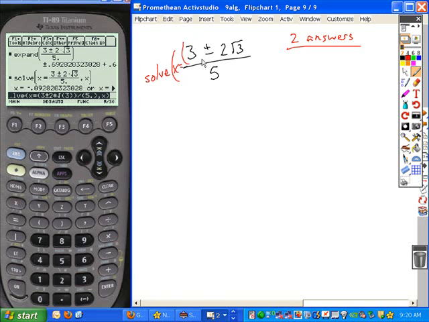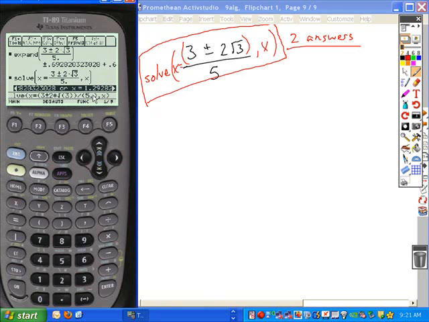So in parentheses 3, then use the plus or minus symbol, 2 square root 3, close the parentheses, divide by 5, comma, x. So we used all the formatting for the solve feature. It is going to give you both answers. So now the decimal answers are negative 0.0928, and if you scroll up and scroll over, 1.2928. Okay, so you can do it that way if you want.